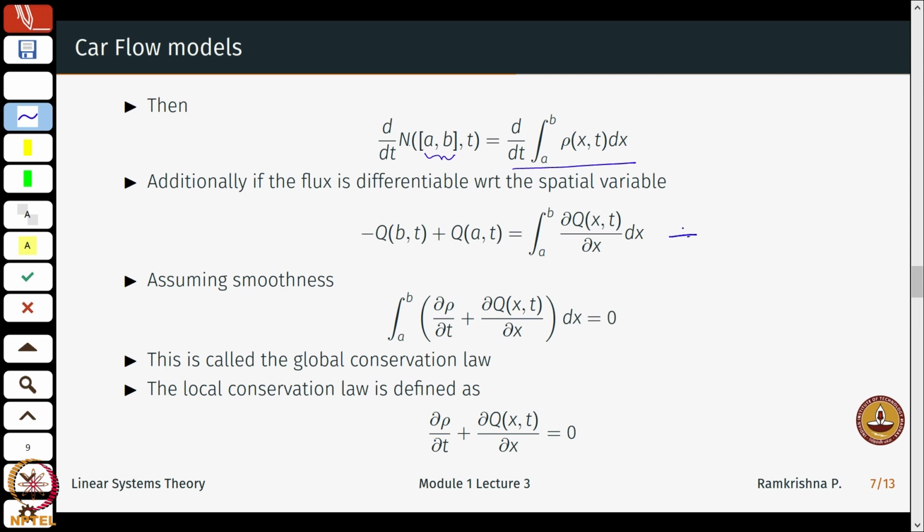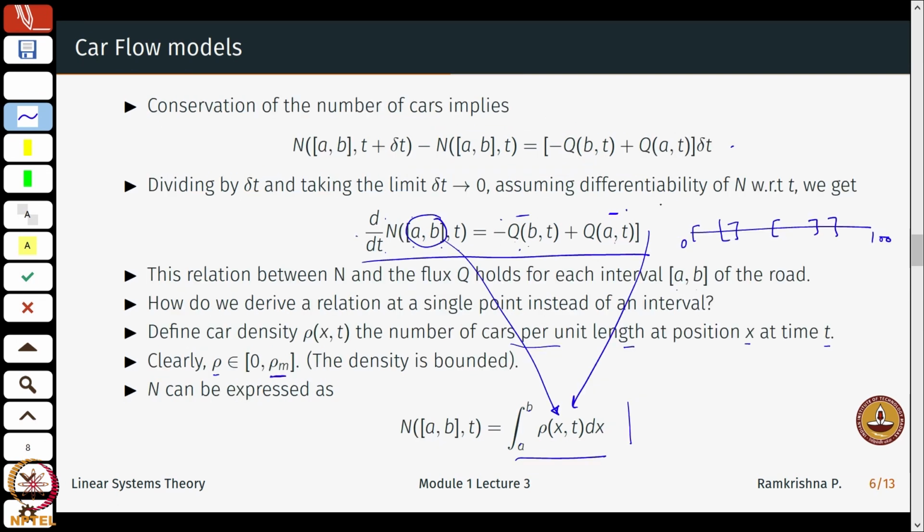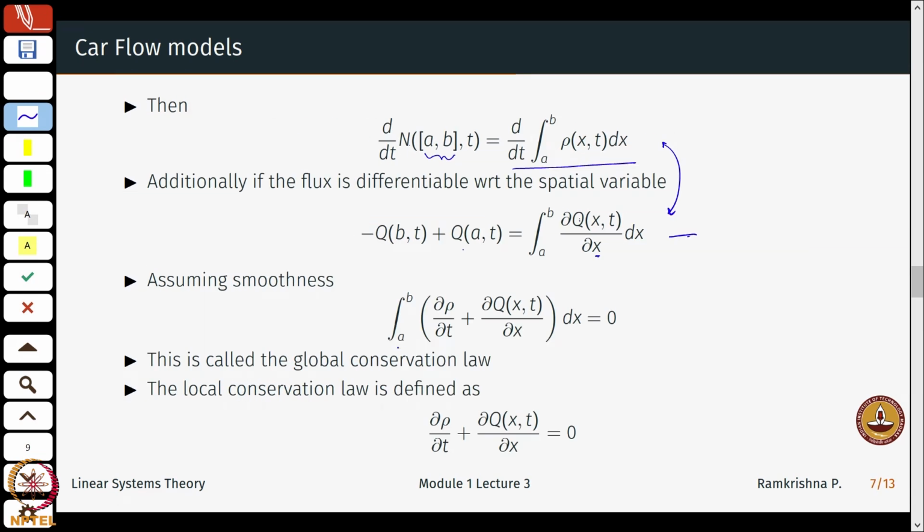Okay, that is what the next expression says, that minus q b comma t plus q a comma t is just now written. Assuming that this q is differentiable with respect to x, I can write minus q b comma t plus q a comma t as this expression, and now I just combine these two via this expression, and I get something like this, right, the integral from a to b of d rho by dt plus dq by dx times dx equal to 0, right, assuming smoothness and all those nice properties.